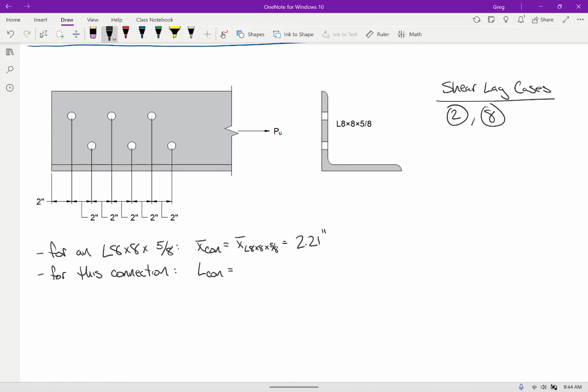Now, what is the connection length going to be for this angle? Along the path of the load, outside bolt to outside bolt. From here, 2, 4, 6, 8, 10.